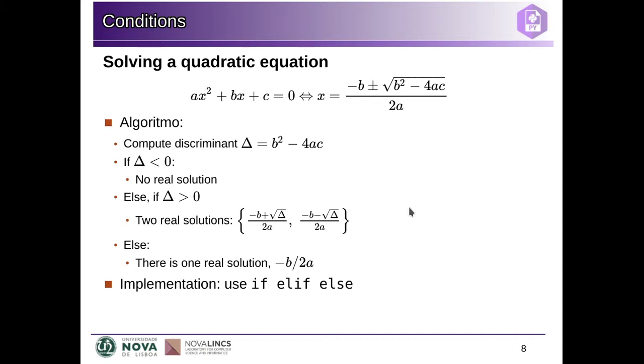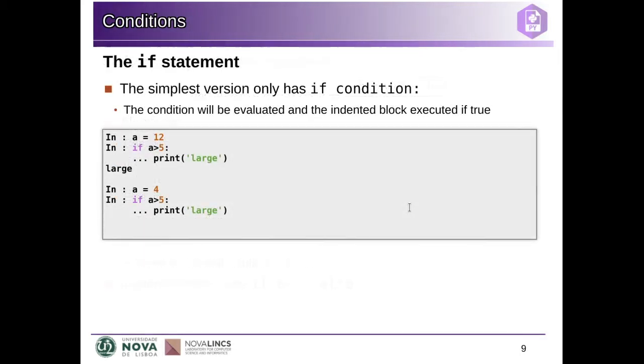So basically we have three different possibilities, and we'll need to branch our execution into three different branches depending on the value of delta. To do that, we're going to use the if statement. The simplest version of the if statement only has if, a condition, and then an indented block of code. For example, if a greater than 5, print large.